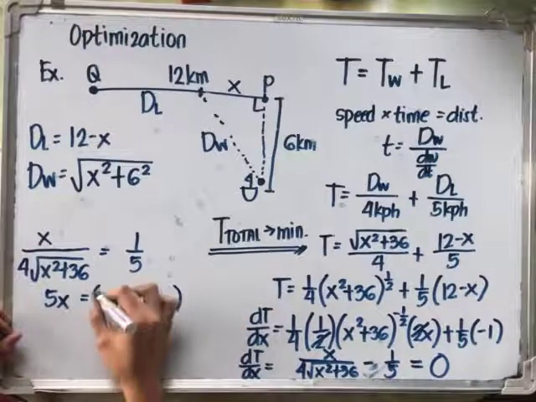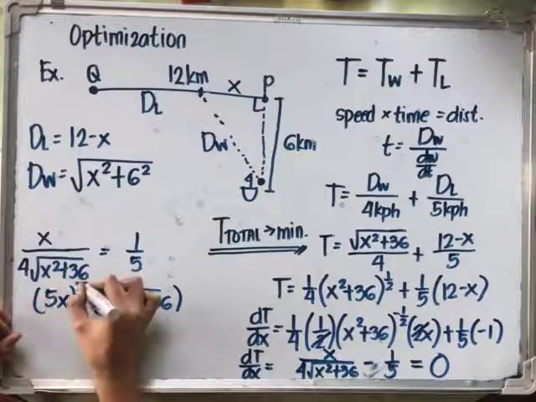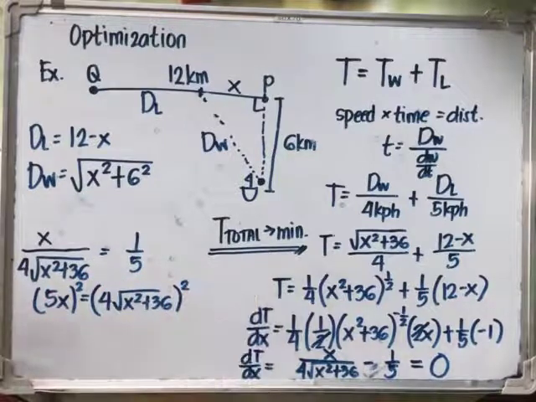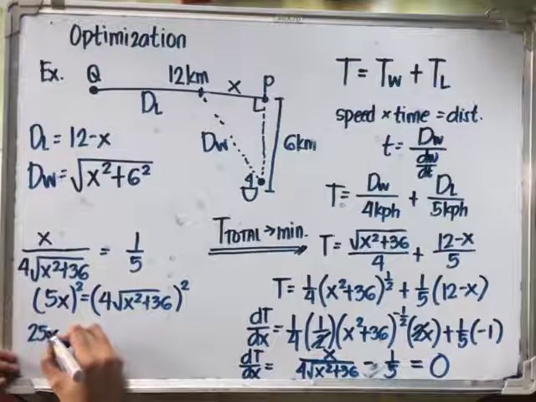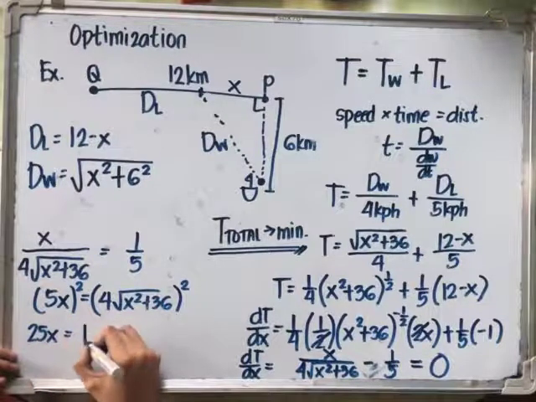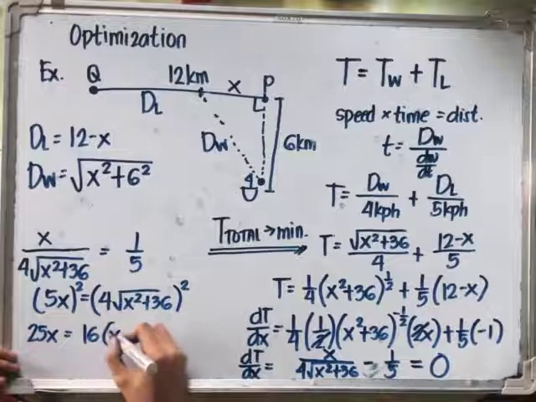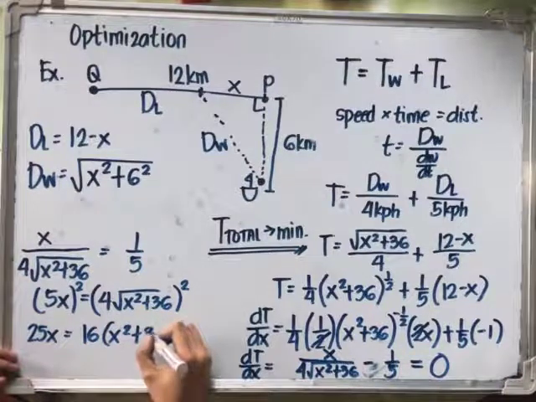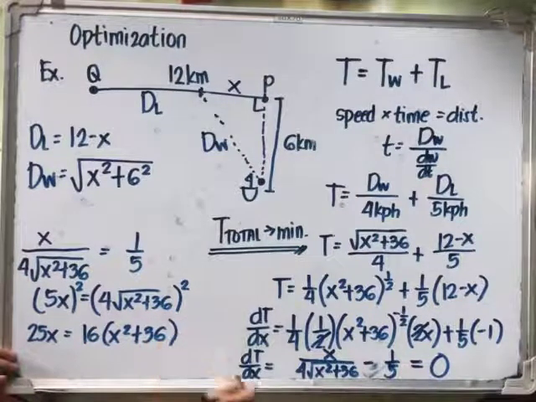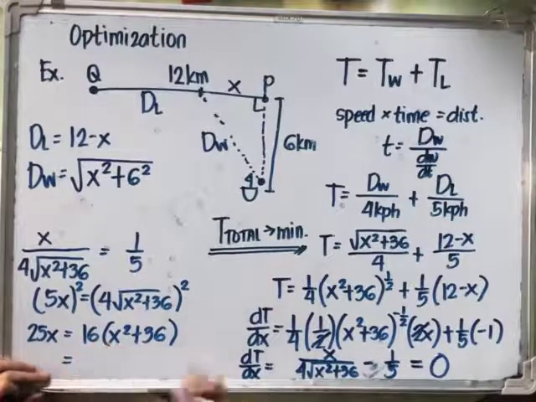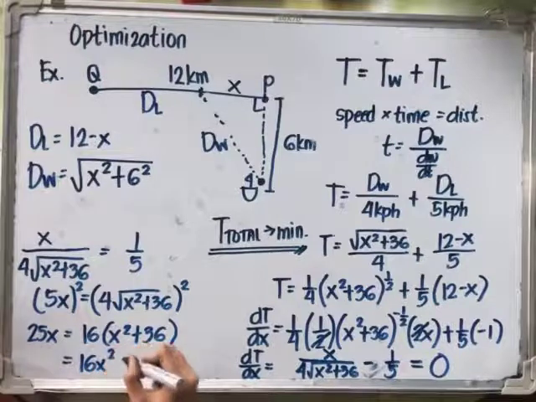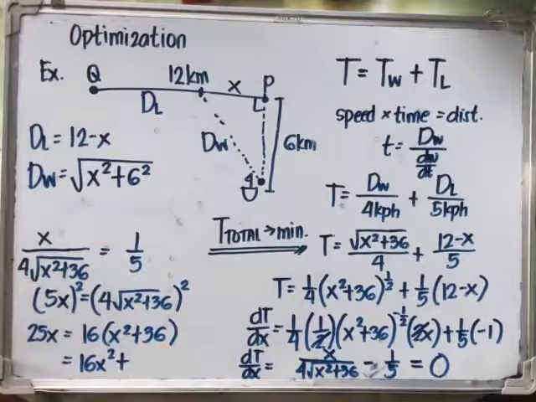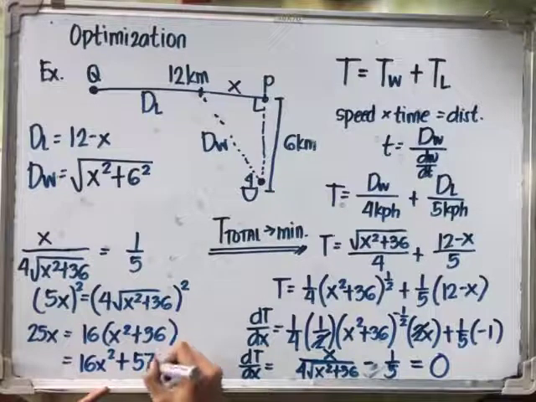Rules of algebra, we can square both sides without altering the equation. This would be 25x is equal to 16 x squared plus 36. Okay, that would result to how much? This would be 16x squared plus 16 times 36 is 576.